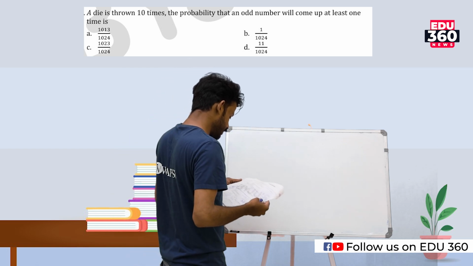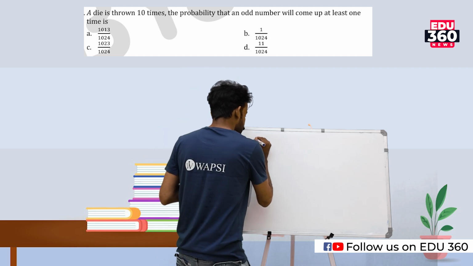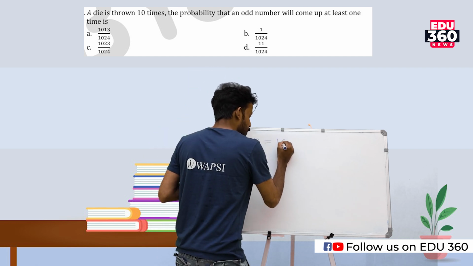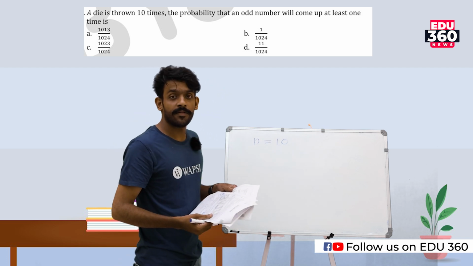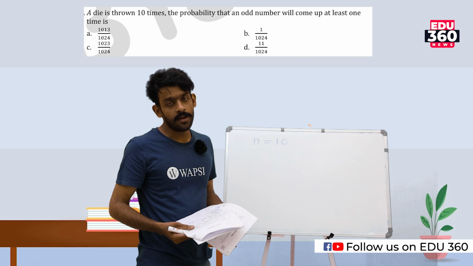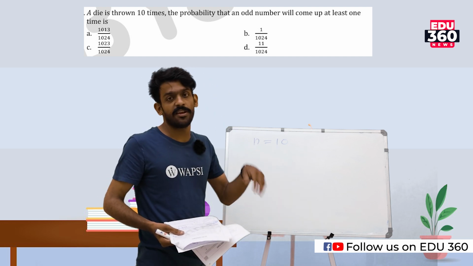So first of all, it's given that a die is thrown 10 times. So that means n is equal to 10. And hereafter, we know that when a die is thrown, the possible outcomes are, it may be an odd number or it may be an even number.